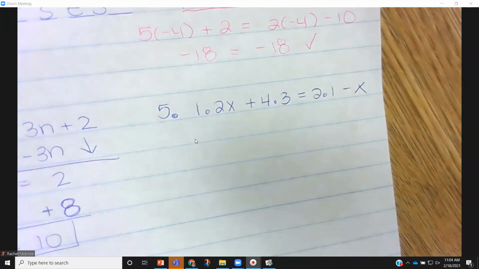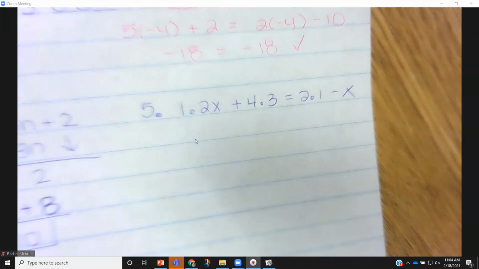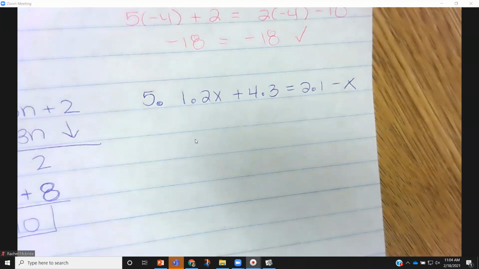All right, we got decimals. I said I wanted to do number 5 with ya. So you have 1.2x plus 4.3 equals 2.1 minus x.